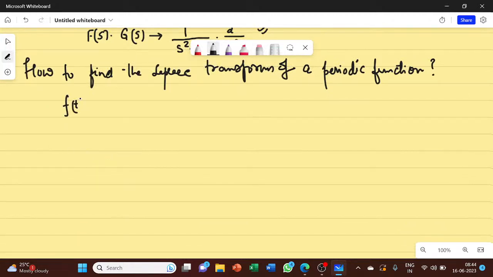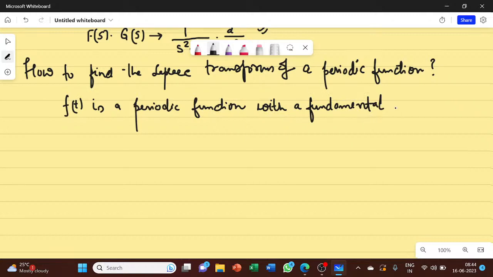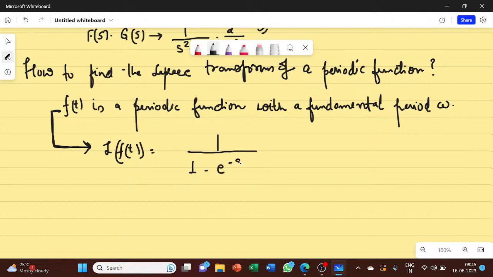So if my function f(t) is a periodic function with a fundamental period omega, and such that the Laplace transform is defined, meaning it obeys the conditions of being of exponential order and piecewise continuous, then the Laplace transform of this periodic function is given by 1 upon 1 minus e to the power minus s omega, times the integral from 0 to omega of e to the power minus st f(t) dt.